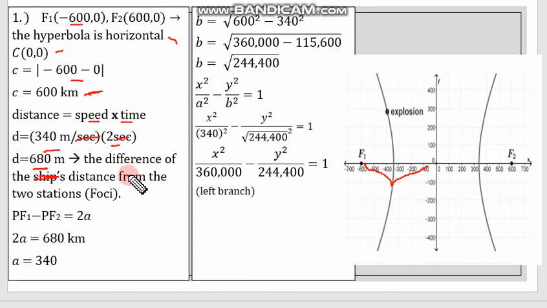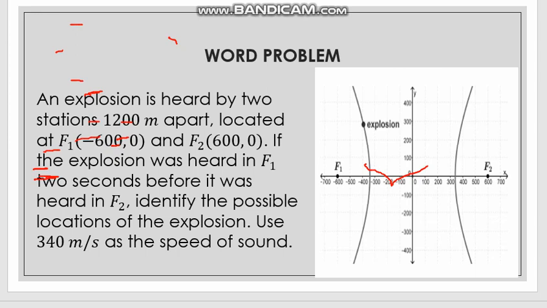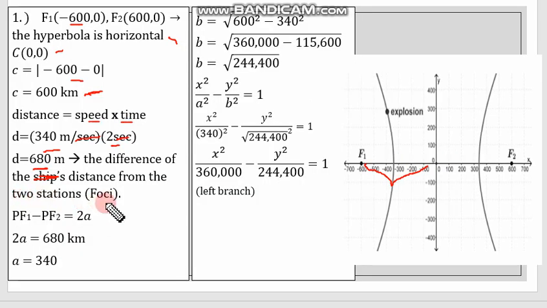This distance is the difference of the distances from the two stations, the two foci. According to the definition of the hyperbola, for a point P on the hyperbola, the distance to F sub 1 minus the distance to F sub 2 is equal to 2a.